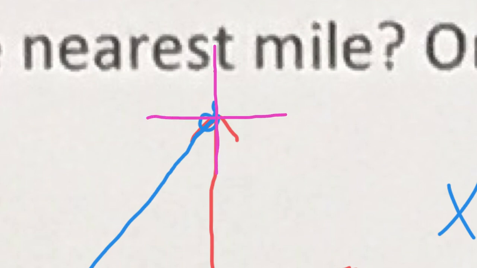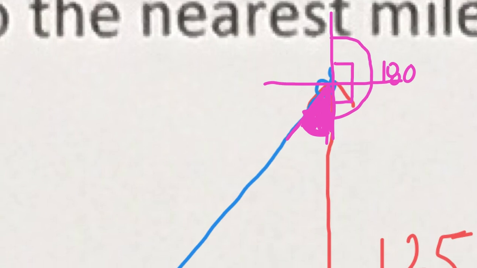The angle we're looking for is how much do we have to turn from due north in order to get there. Okay? Well, I know this is 90 from north to east, and this is 90 from east to south. So that much is 180. So if I could calculate this angle right here and add that to 180, that would give me my bearing, right? How much I have to turn to get back to where I'm going. So this angle is across from the 175.